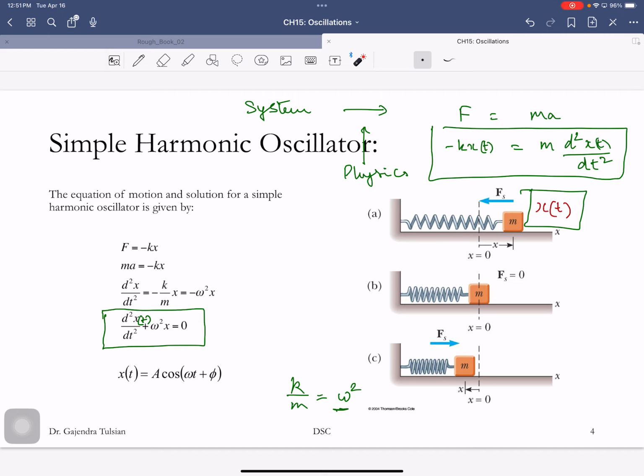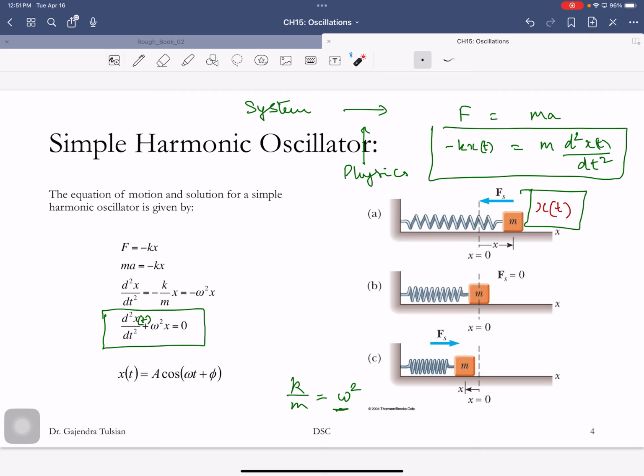Somebody pulled it out of their hat. How do we know if that's a solution? Well, plug it in there. Check and see if it satisfies the equation. All right, so let's do that.